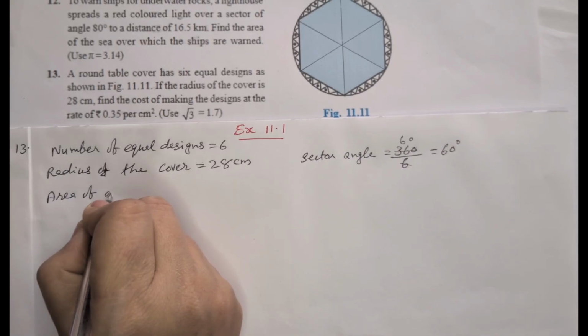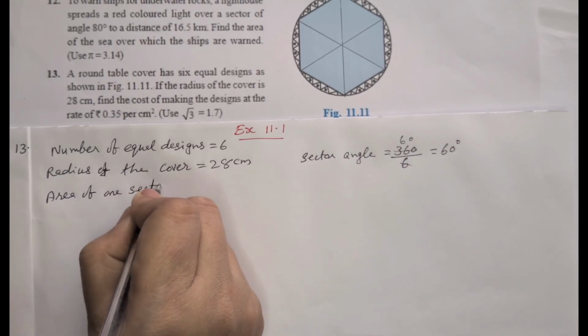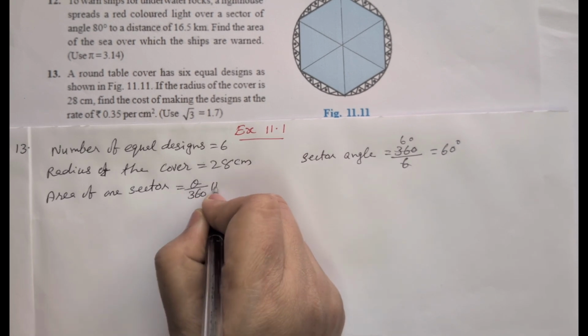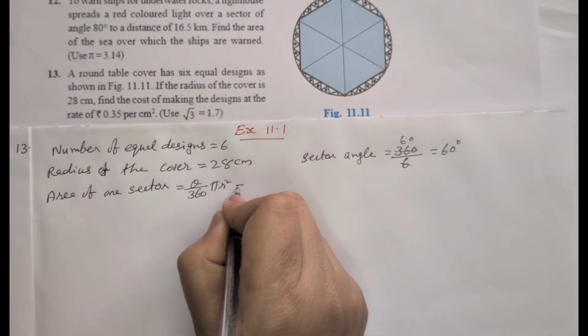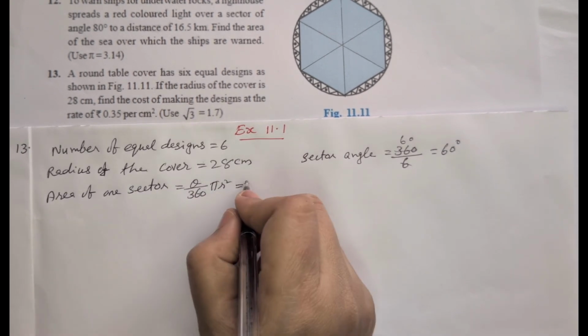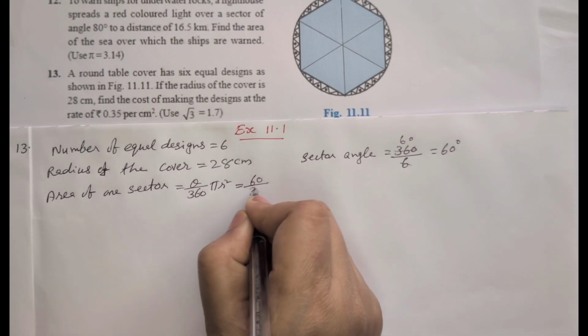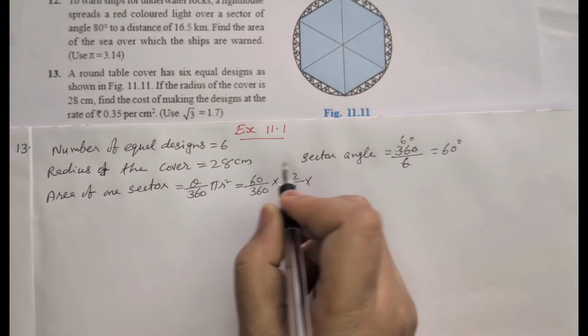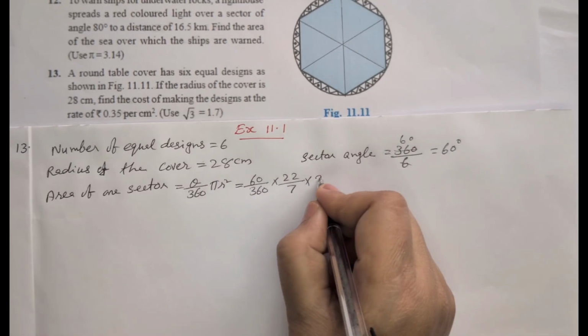Area of one sector is equal to theta by 360 into pi r square, which is equal to 60 degree by 360, 22 by 7, radius is 28.